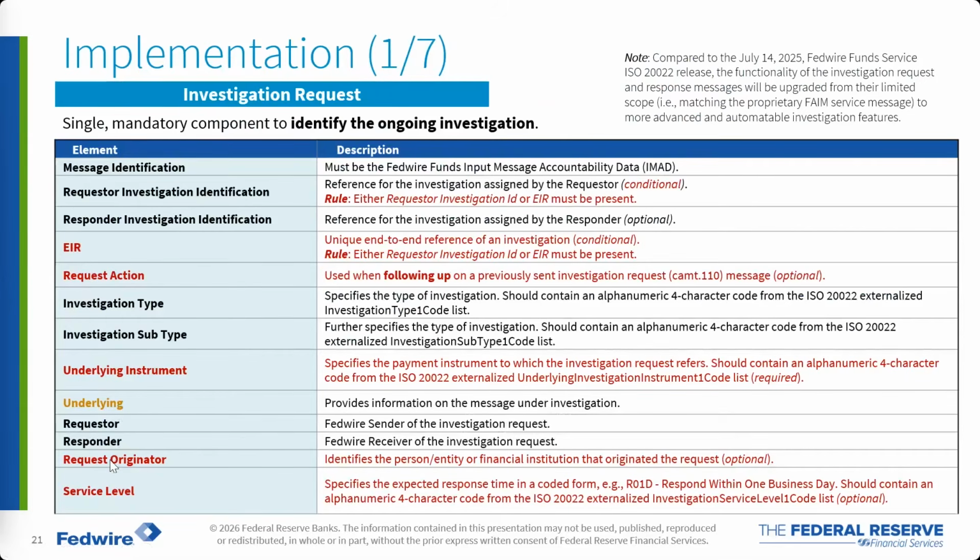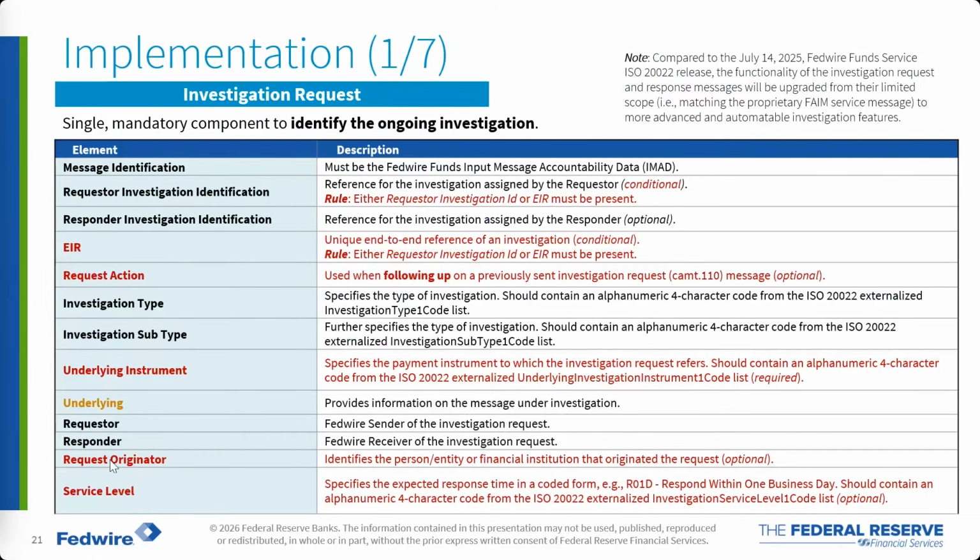Request originator is where you may, on an optional basis, identify the person, entity, or financial institution that originated the investigation request. This is optional because if the Fedwire sender is initiating the investigation, you don't need to specify it, but it could be that one of your customers is initiating the investigation, and you could identify that this is an investigation initiated by the customer and not the Fedwire participant's sender.